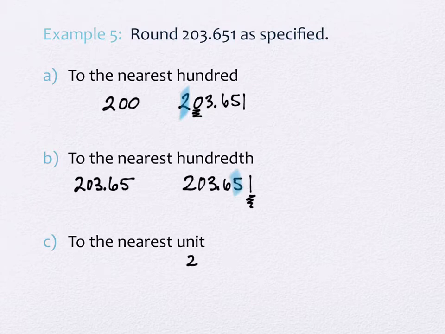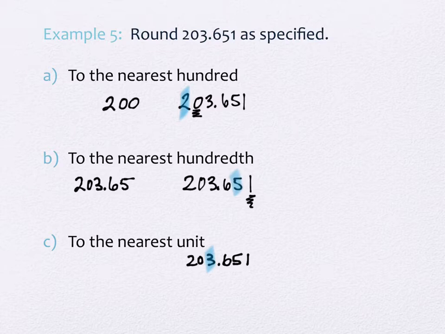The next one, 203.651, says the units place. So what value is in the units place? The 3. We call it either units place or the ones place. Either one is used for this value. So the number before the 3 will stay 20.